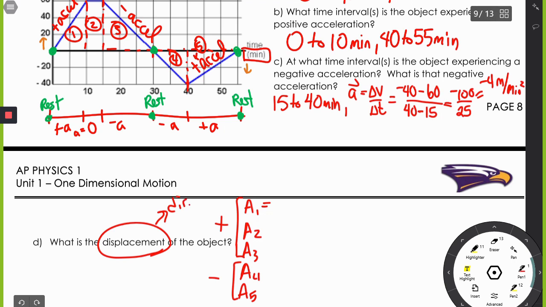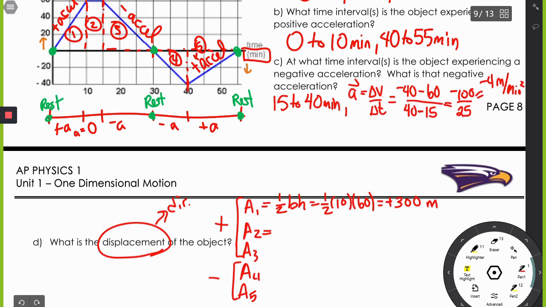All right, so area 1 is a triangle, so it's 1/2 base times height, and that's going to equal 1/2 times 10. Our base is 10, and our height is 60. So that's going to be positive 300 meters. So that's our displacement from 0 to 10.